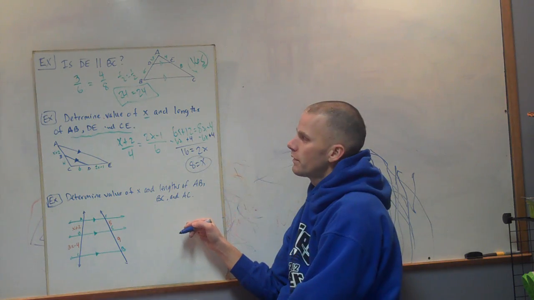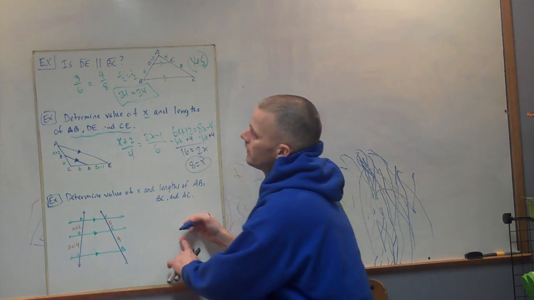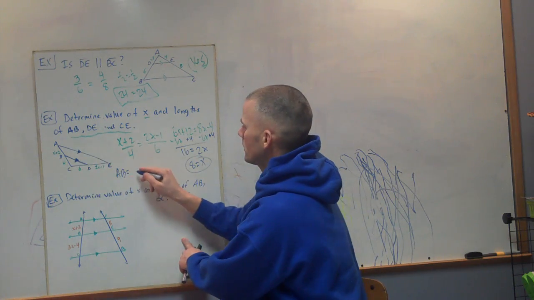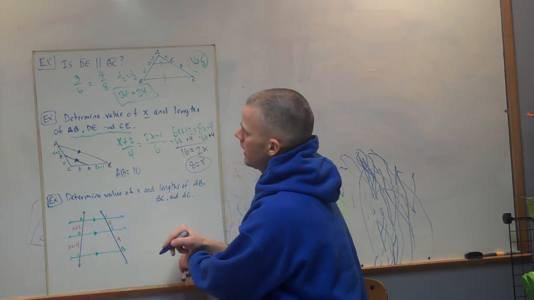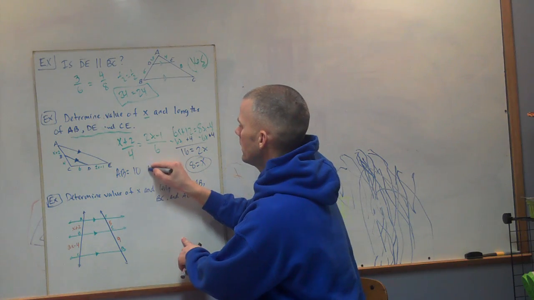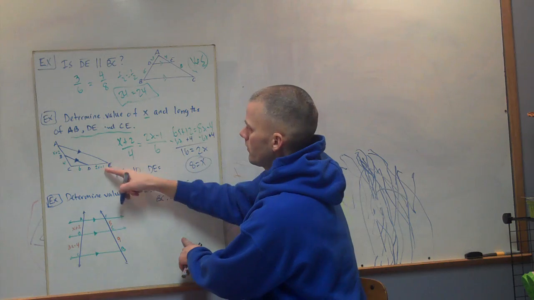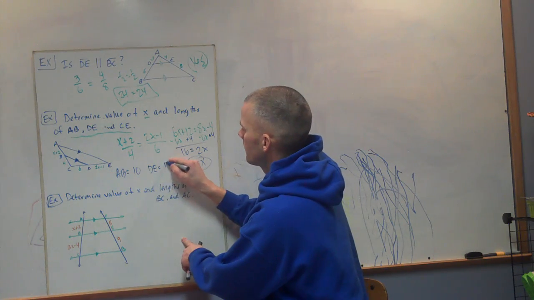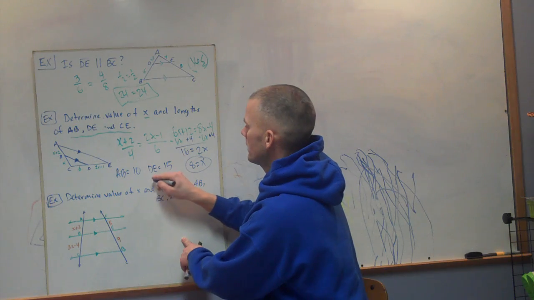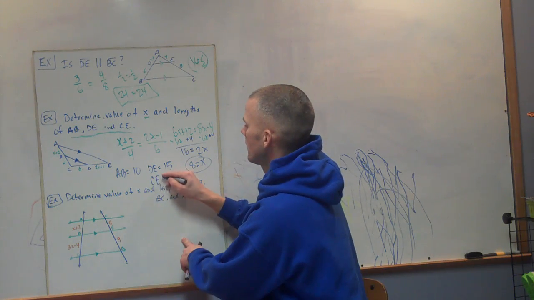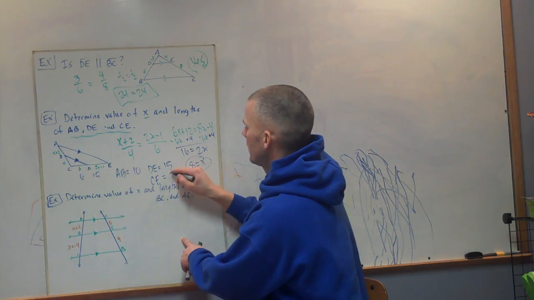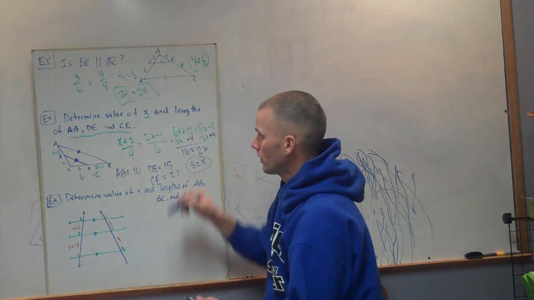So there's my value of x. Segment AB is x plus 2, so that's going to be 10. DE, 2x minus 1, so 2 times 8 is 16. 16 minus 1 is 15, which means that segment CE, if I add those up, I got 6, I got 15, that's going to be 21.